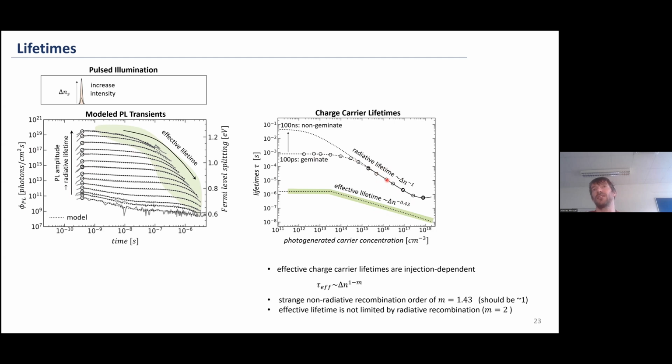The radiative lifetime behaves as it should, a recombination order of 2 in this range. In the very beginning, due to the geminate carriers, the radiative lifetime is shorter. As they split, the radiative lifetime at low injection levels becomes larger until it reaches a level fixed by the doping concentration.